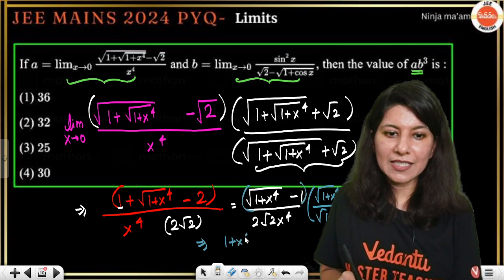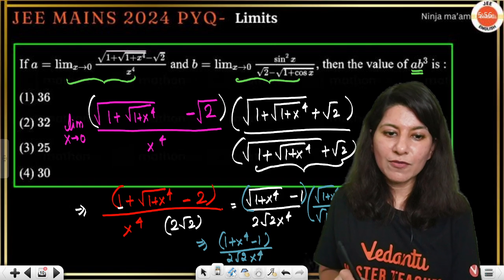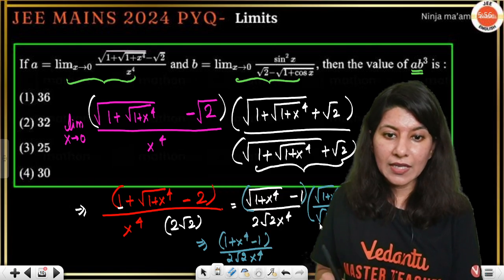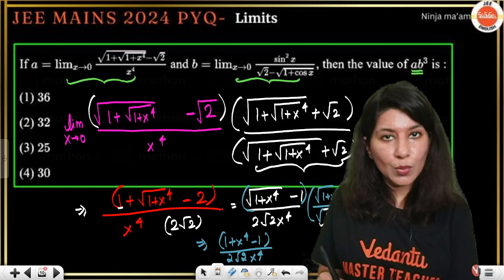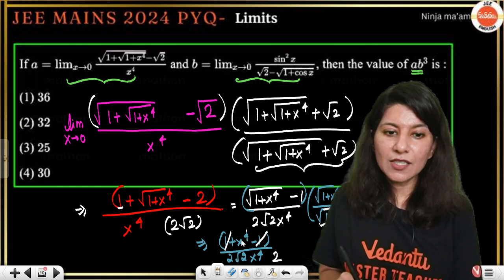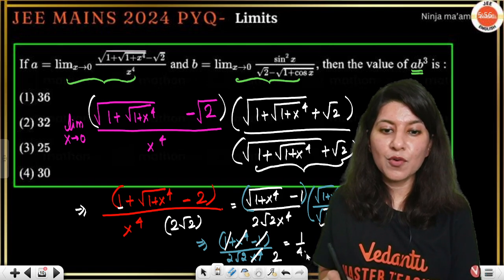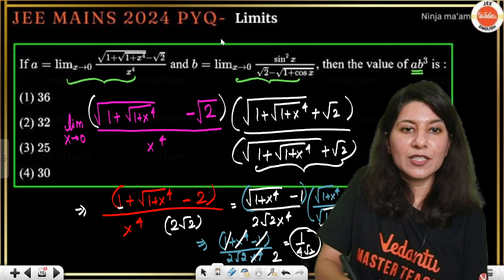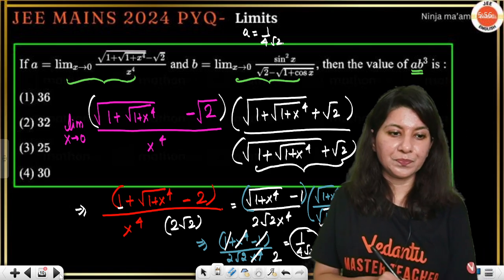So 1 plus x raised to power 4 minus 1. Now if you put x equals to 0, you will get root 1 plus 1, so just 2. 1 cancels, x power 4 cancels. So you're getting 1 upon 4 root 2 as the final limit. So a is coming out as 1 upon 4 root 2.